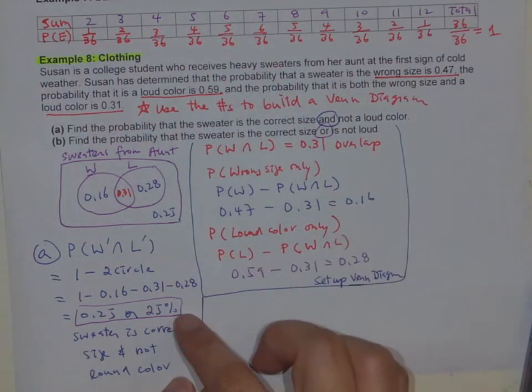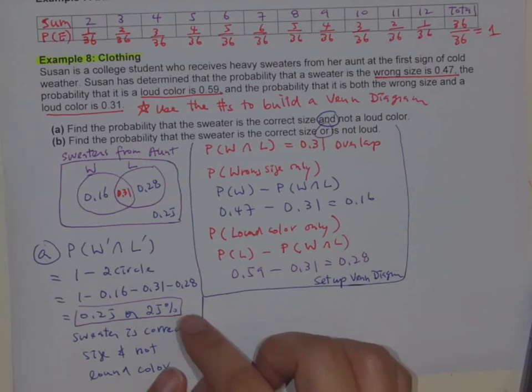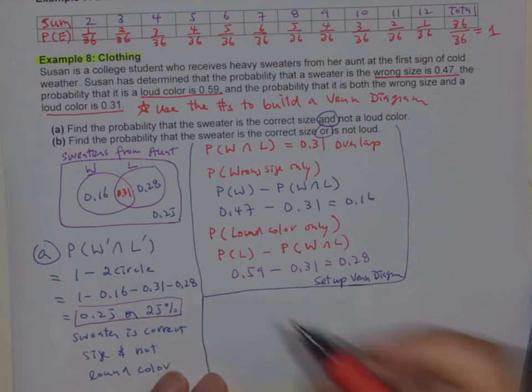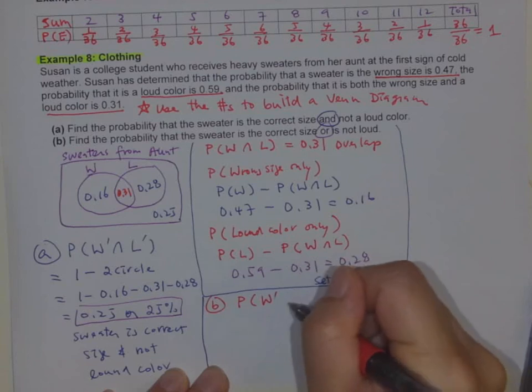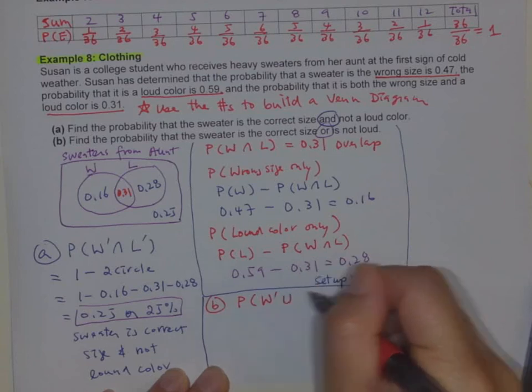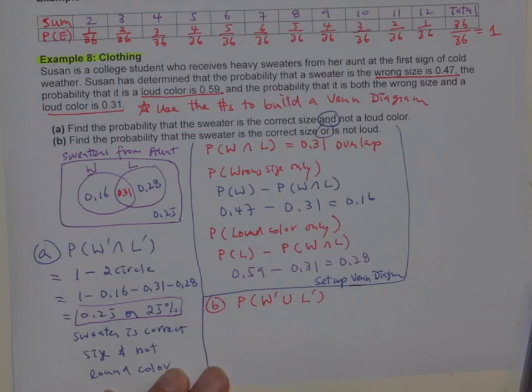So probably the percentage would be higher, because the last one needed to fit both, but this one just one of those conditions. So B says the probability of not wrong size or union not loud color. So if they fit in one of the conditions, that would be okay.